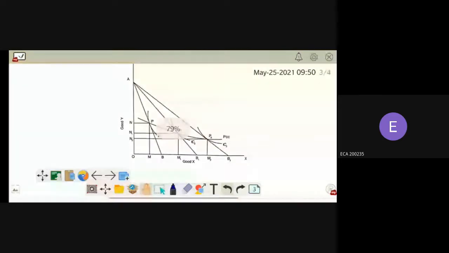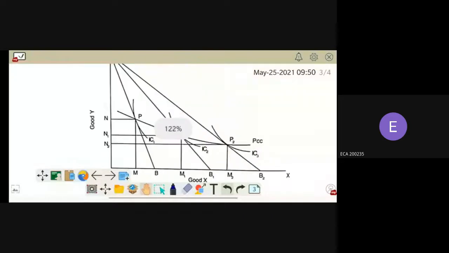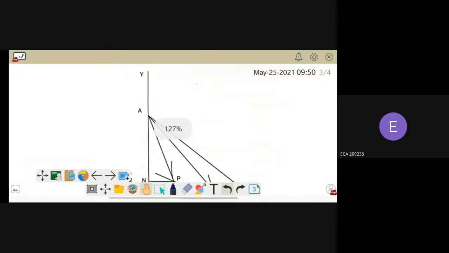So this is the price consumption curve. I will explain in detail how the price consumption curve is derived. Okay, this is the y-axis, and we measure the quantity of good Y purchased.